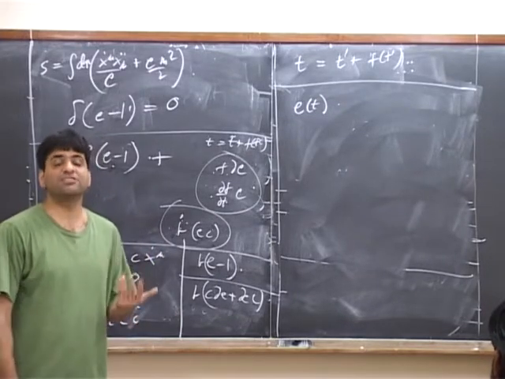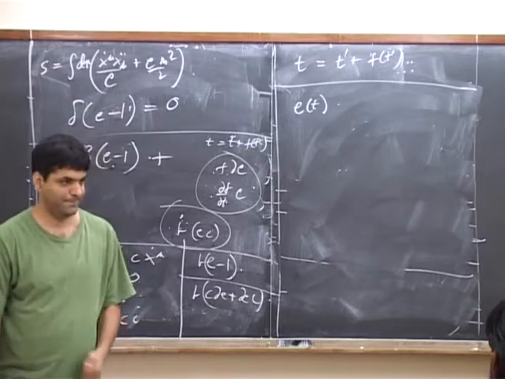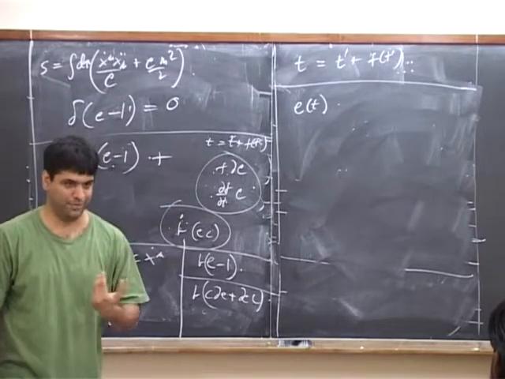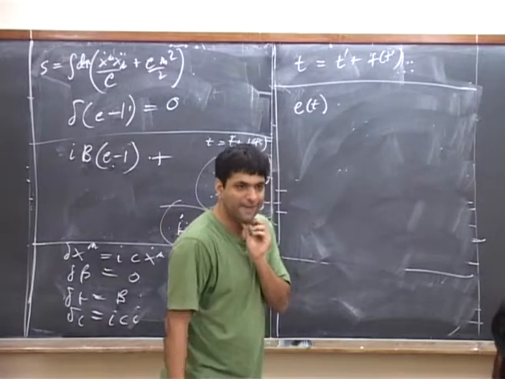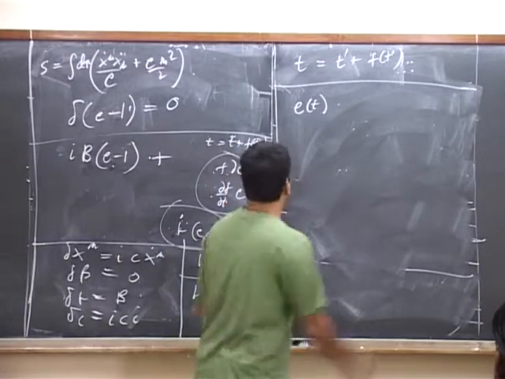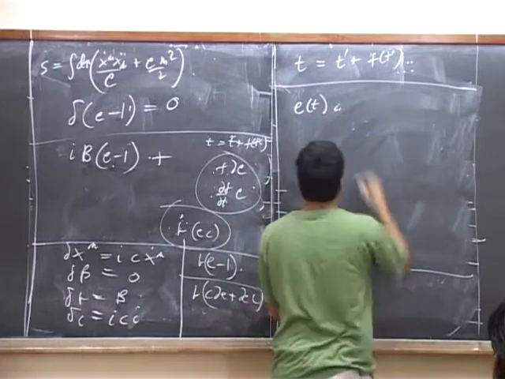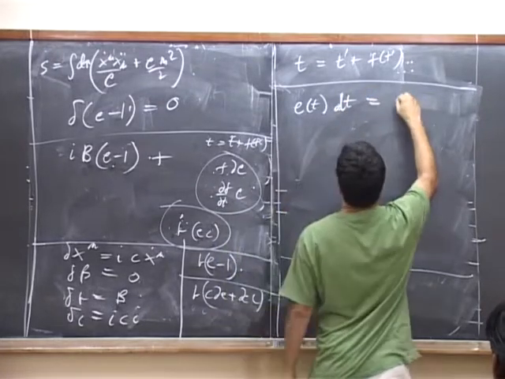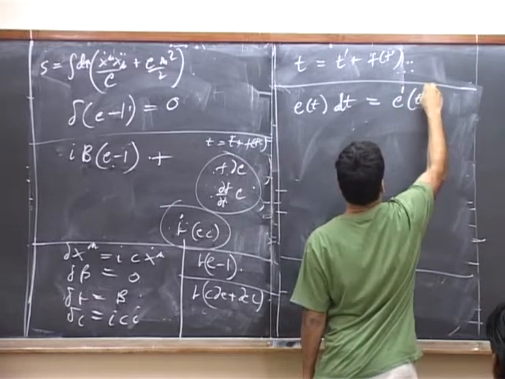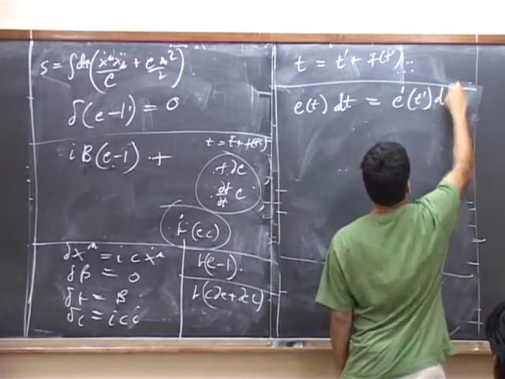Now E transforms like a derivative, because it has one index. Exactly: E dT should be equal to E prime of T prime dT prime.